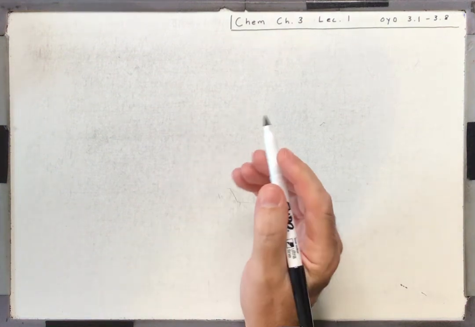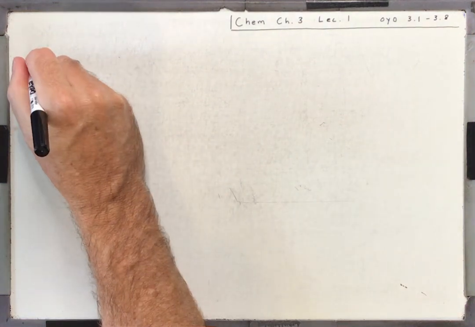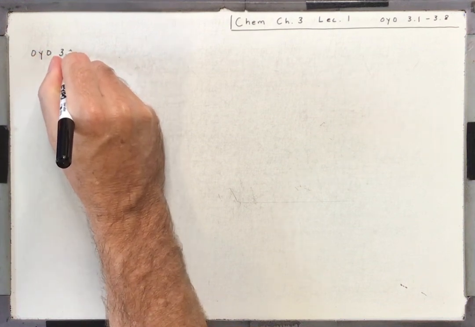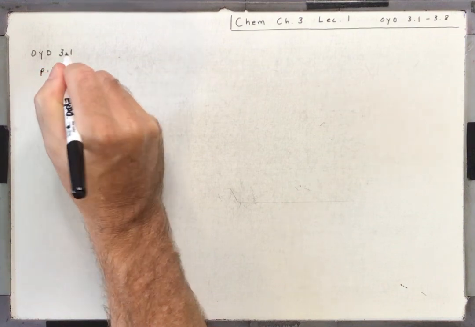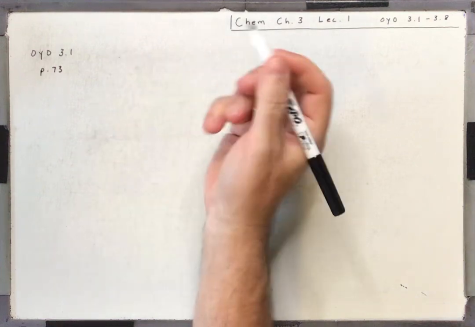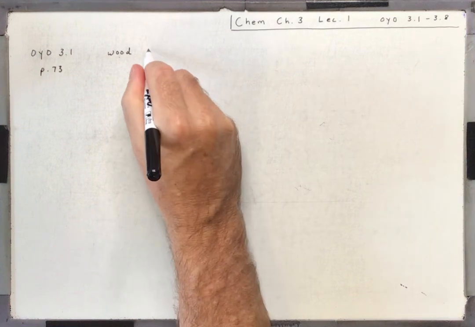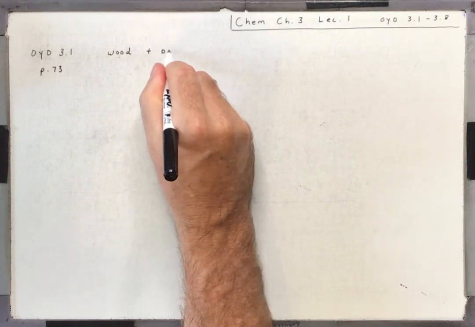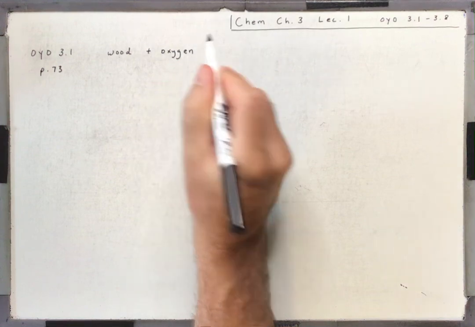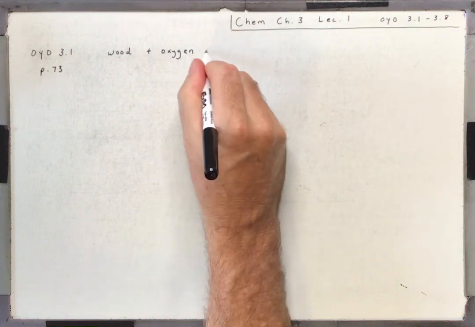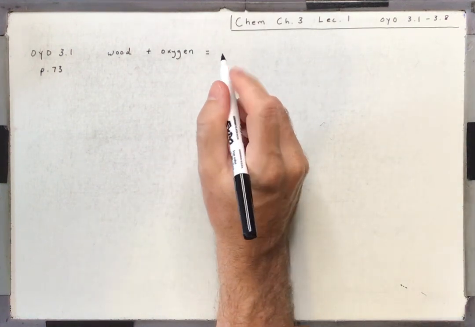Okay, so you haven't really necessarily learned all of the compound formulas yet, so I'm just going to write all this out. We'll get to those formulas soon enough. So what we've got is, if we want to write this like a chemical reaction, wood plus oxygen, and because we have the law of mass conservation, that has to equal the ash.